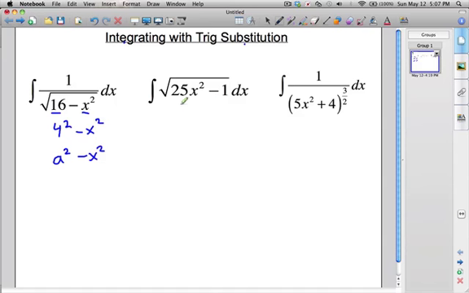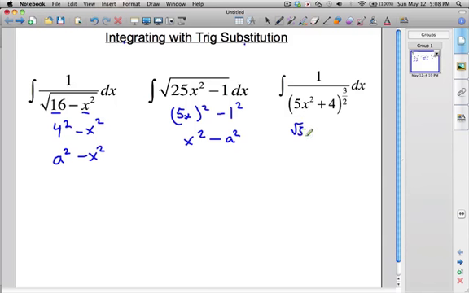And the next example, we can rewrite this as 5x squared minus 1 squared. So this is of the form x squared minus a constant squared, where in this case x is actually equal to 5x. And in the last example here, 5 is not a perfect square number, but we could write it as root 5.